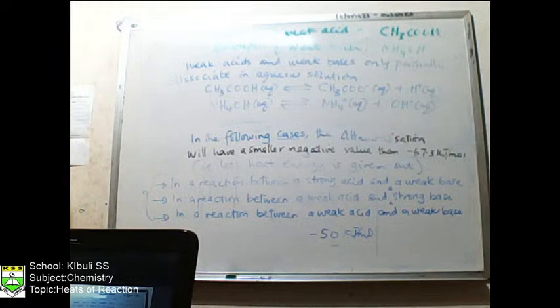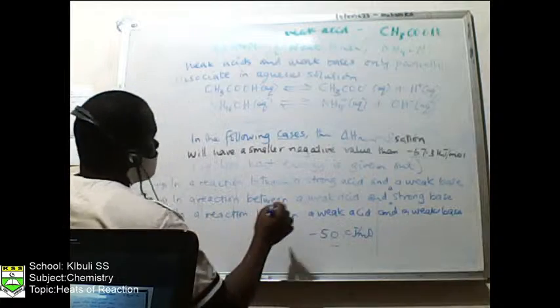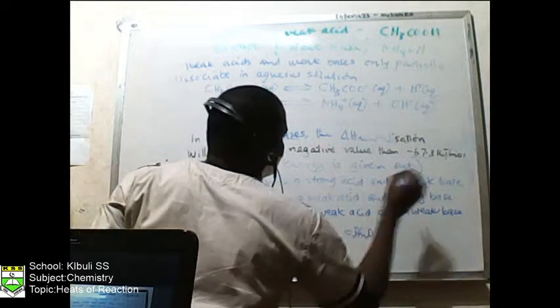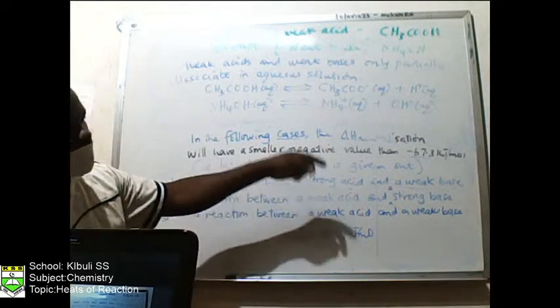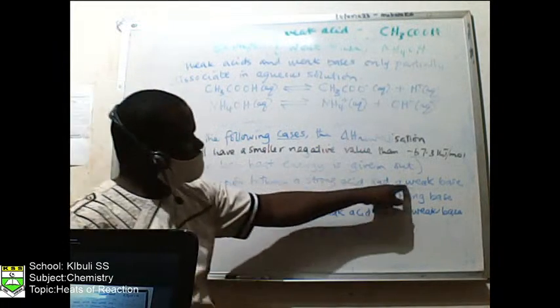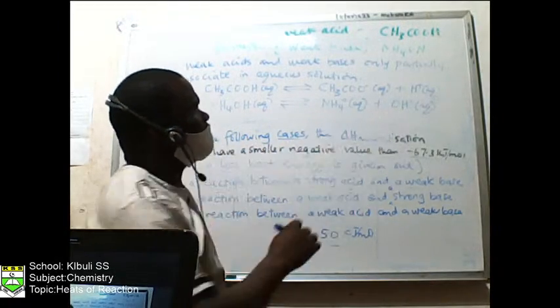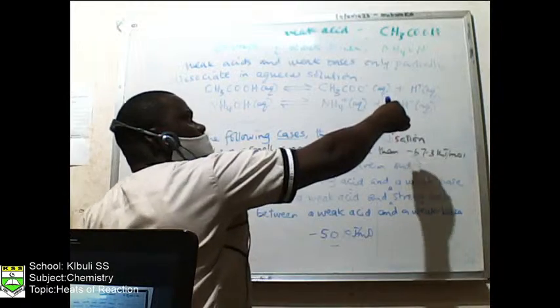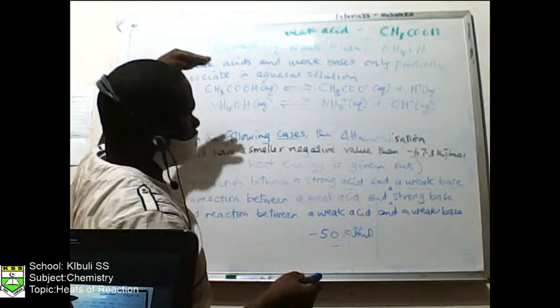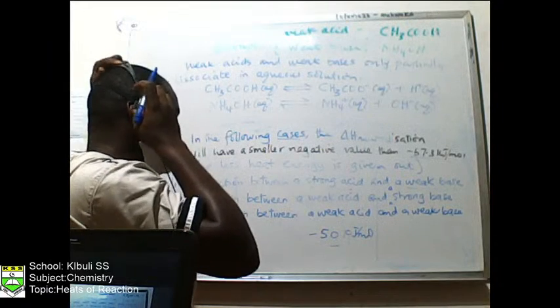Now, since they partially dissociate, it means that when you are reacting a strong acid with a weak base, the strong acid will provide all the hydrogen ions in the solution, but the weak base will be struggling to provide the hydroxide ions. That means that the hydroxide ions will not be readily available to react with the hydrogen ions from the strong acid.